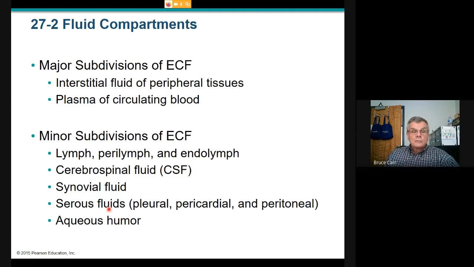So pleural would be a fluid around the lungs, pericardial around the heart, and peritoneal is that large abdominal membrane, the greater omentum is part of that, that suspends our digestive tract in large part, but also several other associated organs. The aqueous humor of the eye is another extracellular fluid.